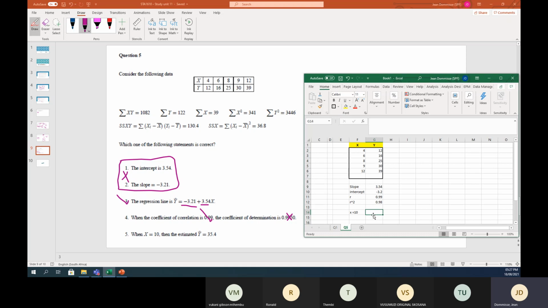So if x is equal to 10, we know that is the intercept. We need to say the slope times what the x will be. I'm just going to put it in there. I will put in the x now.